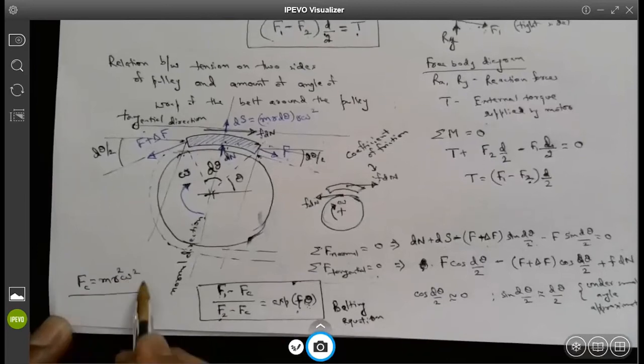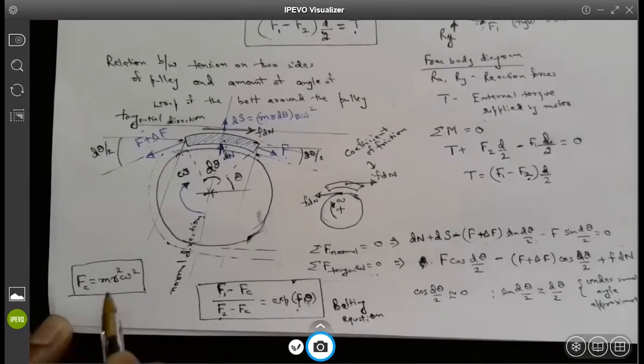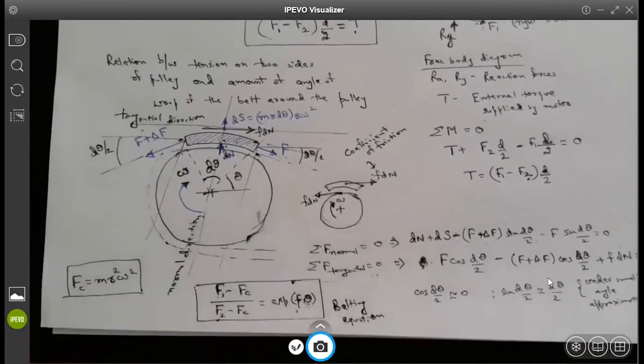If you know the mass per unit length of the belt times the radius squared times omega squared, that will give you the centrifugal force. So this will be the belting equation. That is the most fundamental equation to understand the mechanics of the belt.